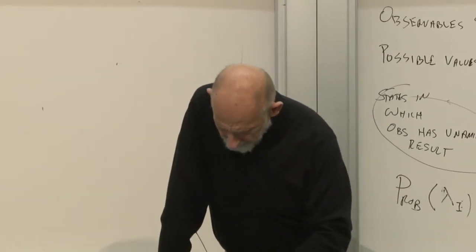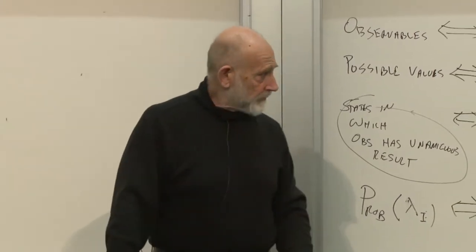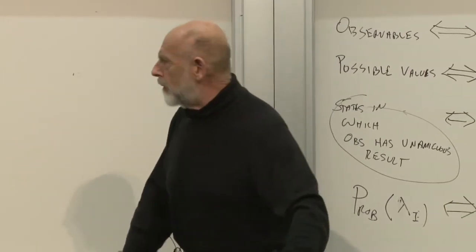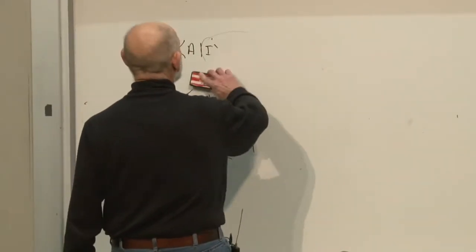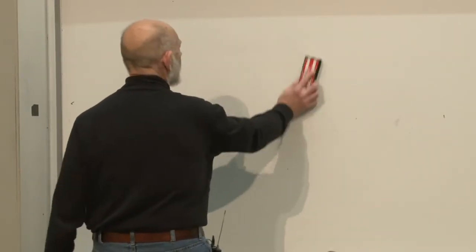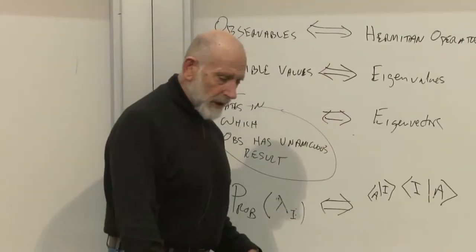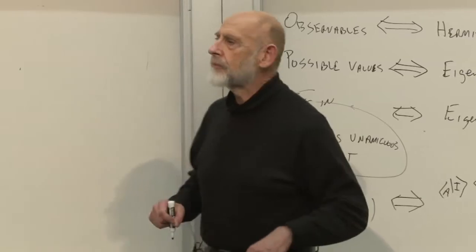Okay. Let's see if we can apply this to the spin system. You get a very general formulation, and now we want to try it out and see how it works.